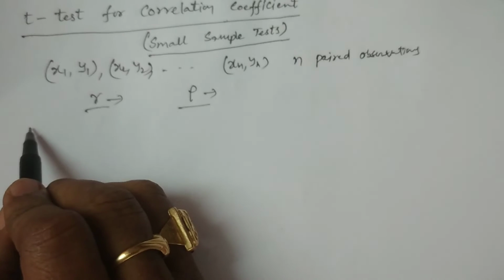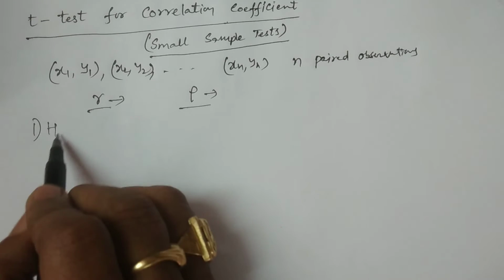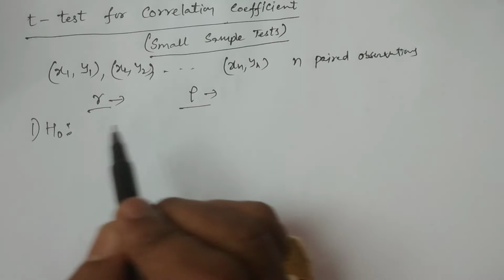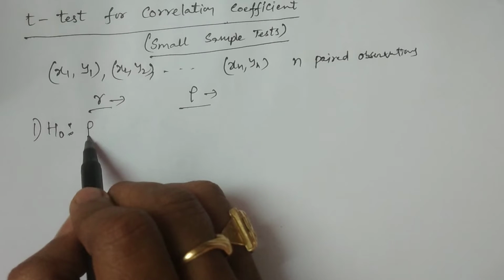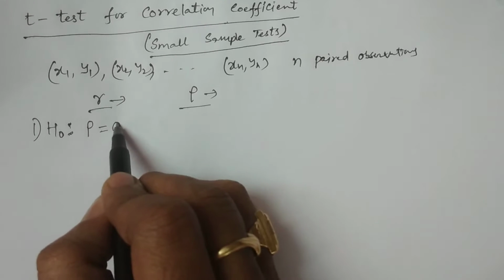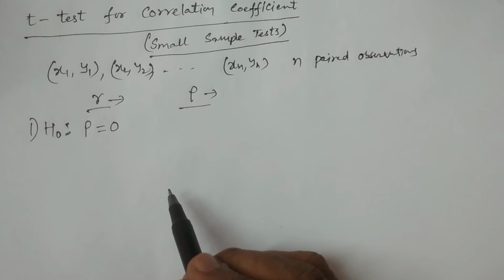Coming to the null hypothesis, H naught, the first part: rho is equal to 0. What is rho? Rho is the population correlation coefficient. If it is 0, there is no correlation between the variables x and y.